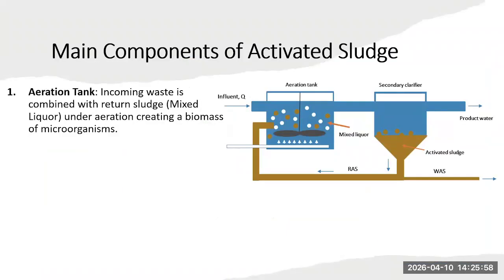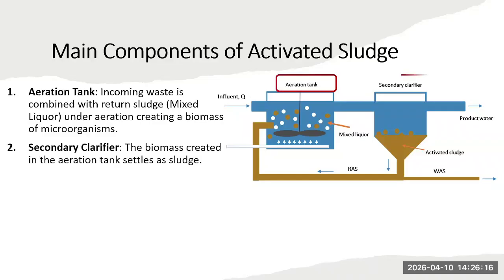What are the main components of activated sludge? We've got that aeration tank where we combine MLSS with return activated sludge. We add air, and that creates the biomass for the organisms. We've got a secondary clarifier, and that's where that biomass settles out as sludge.